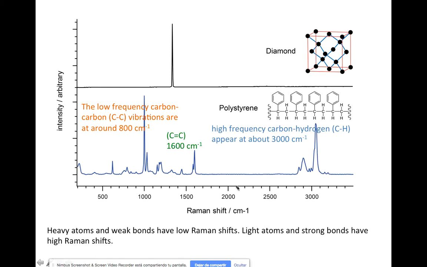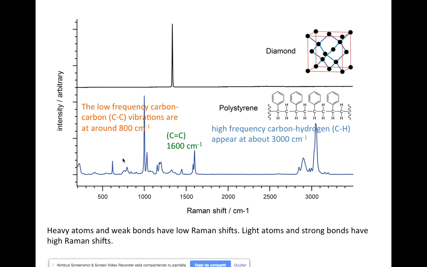And the opposite, heavy atoms and weak bonds have low Raman shifts. For instance, this aromatic structure shows very nicely at 1600. The low frequency carbon to carbon vibrations are around 800 centimeters to the minus 1.